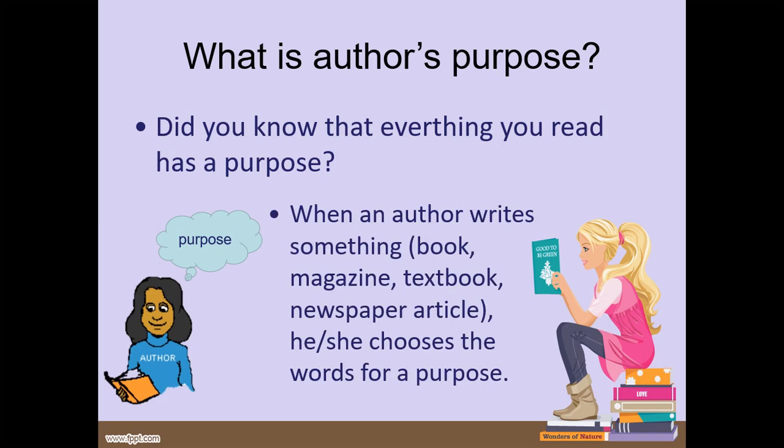That means the author, first of all, sets the purpose, then defines what type of text he or she is going to write, then he or she chooses appropriate words for his selection.